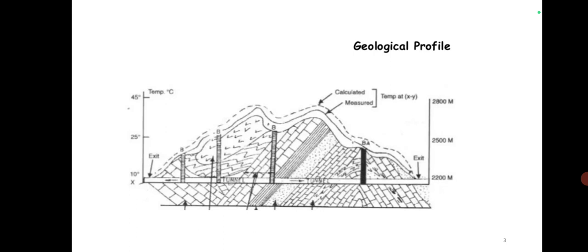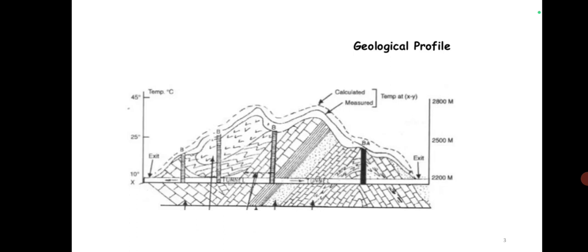Important: if you are asked to explain the geological profile, what you have to write first is the definition. For the geological profile we need to do the preliminary survey and detailed survey and collect all the data. Then the data obtained is plotted along a longitudinal section with the axis of the tunnel as the section line.